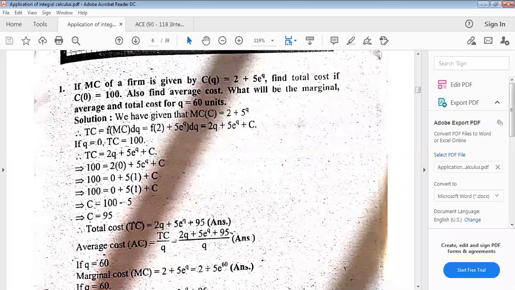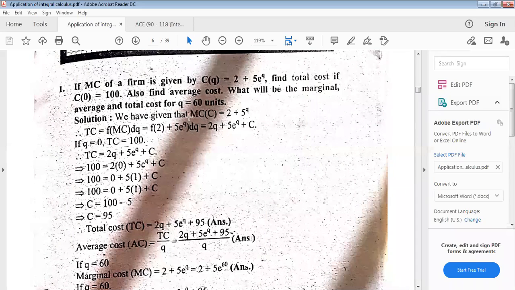We have to find out the total cost if C0 equals 100, that means output will be 0. Also find average cost. We have to find out the average cost, and the marginal, average and total cost for Q equals 60 units. This is the output actually. Output equals 60 units.